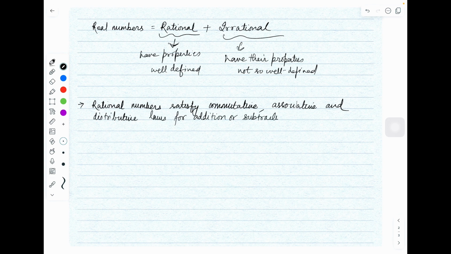They also follow identity and inverse properties.